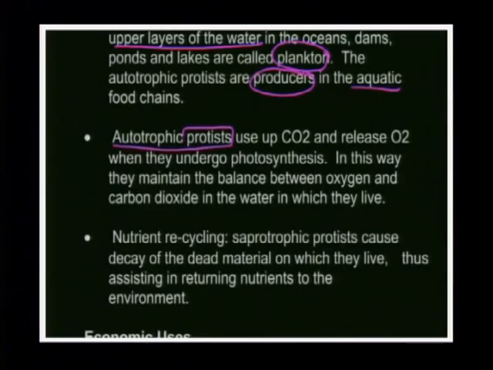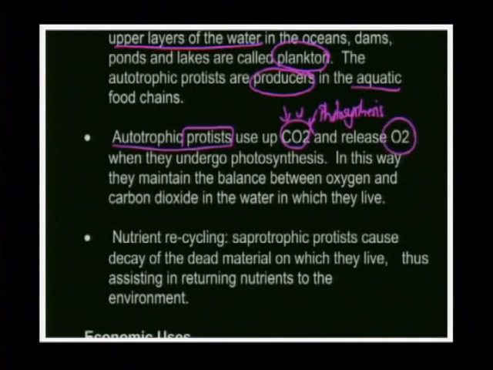You will find that autotrophic protists, and especially those plankton on the top of bodies of water, are going to take in carbon dioxide. Now that carbon dioxide is always taken in for the process of photosynthesis. So that's very important because our autotrophic protistans are reducing our carbon dioxide levels.